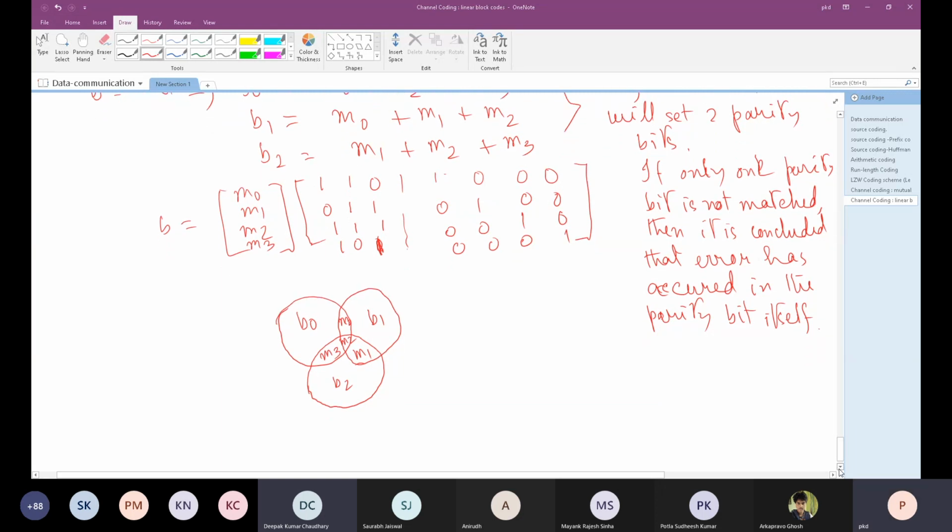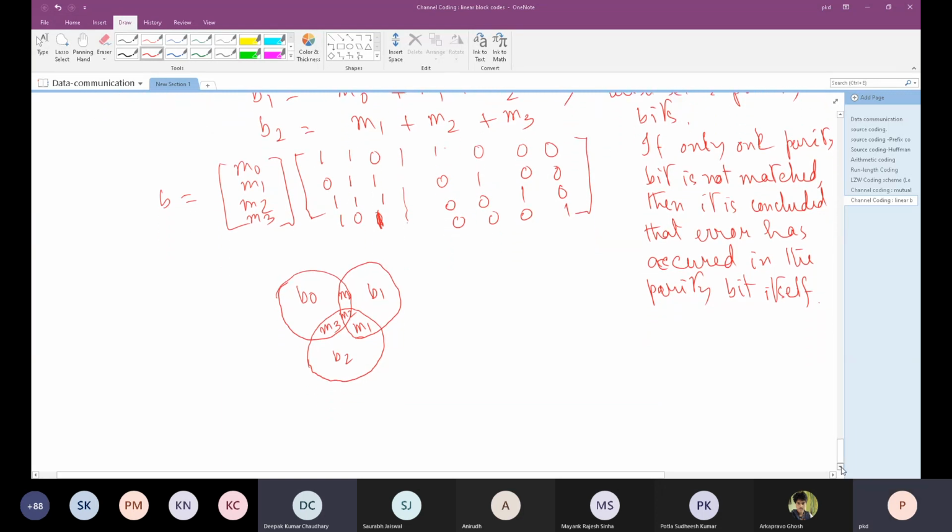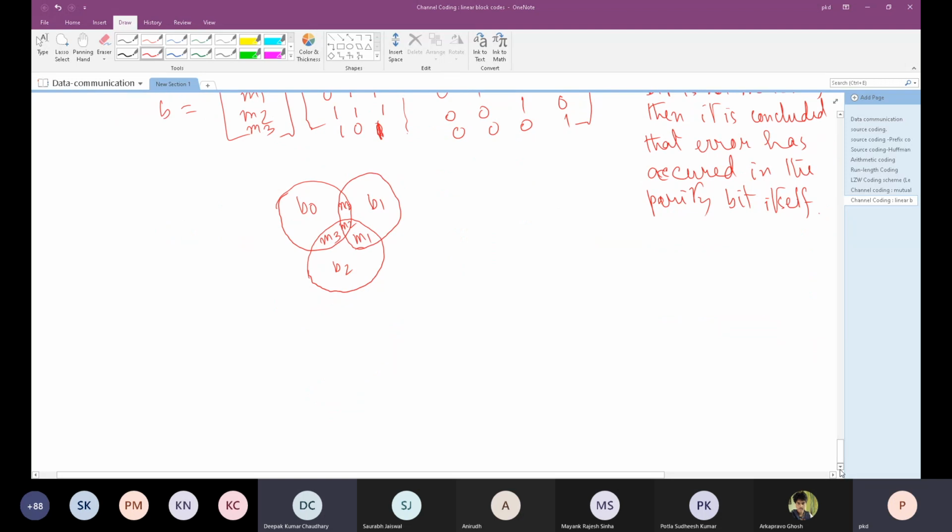So like that also Hamming codes can be designed. That is another concept used for designing Hamming codes, but I think we will not go into such details. Just for example, we have taken this.